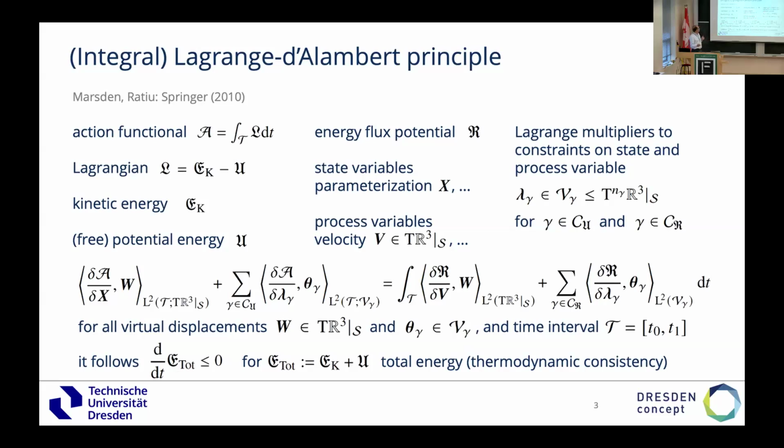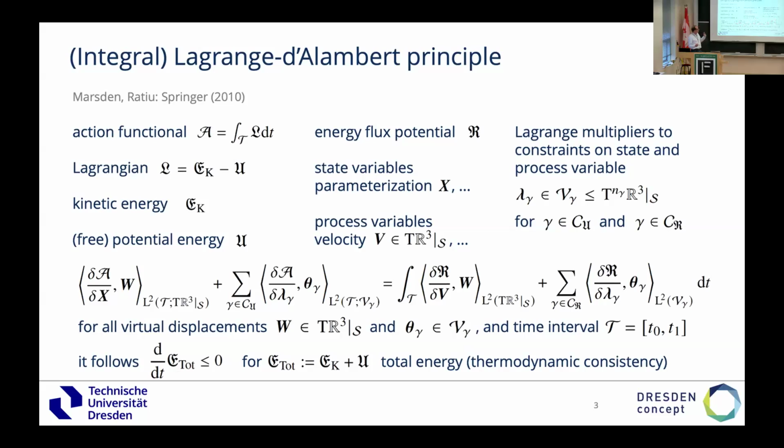The Lagrange-D'Alembert principle says that the variation of this action potential with respect to the state variables, here in weak form in space-time, plus all the corresponding variations with respect to the Lagrange multipliers we get from these constraints on the state variables, is equal to the time integral of the variational derivative of our flux potential with respect to the process variables and the corresponding Lagrange multipliers.